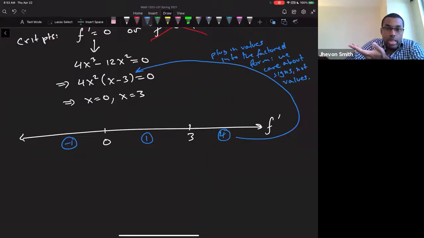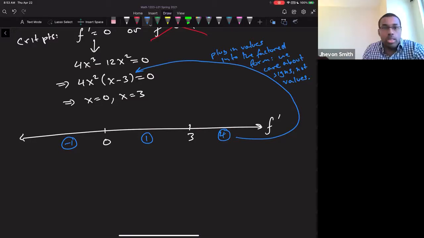It's going to get really annoying. However, in this factored form, it's a lot easier because, notice that the 4x squared is always going to be positive. So there's always going to be a positive term in front. And x minus 3, when I plug in 4, it's easy to see that it's going to be positive, right? So it's a lot nicer to plug things into the factored form. So that's what we're going to do.